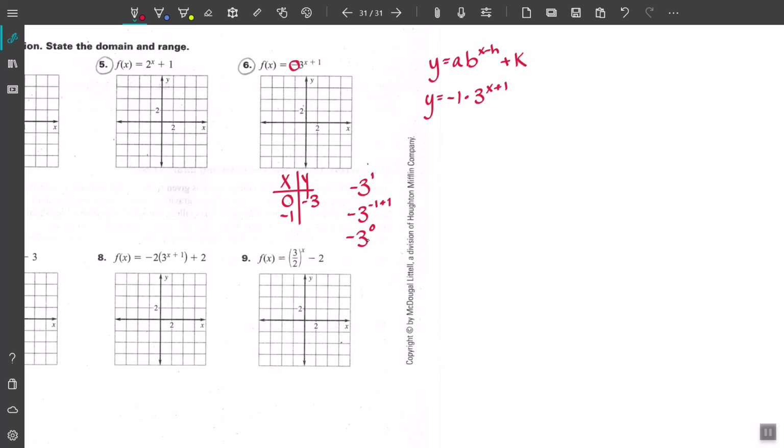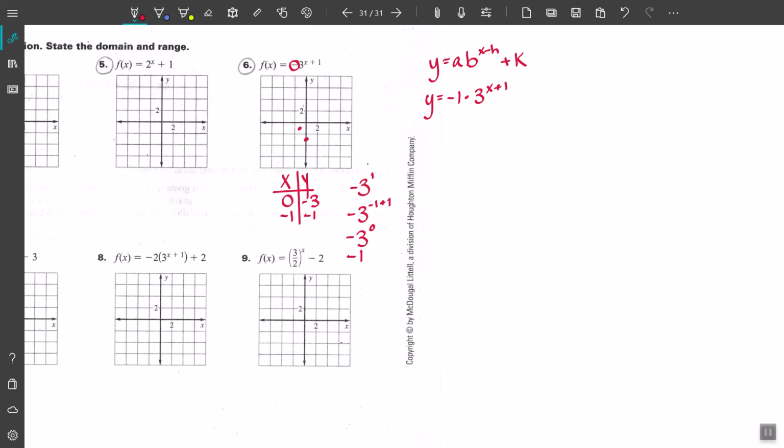So the 3 is going to become 1, but we want the opposite of that. So we end up with a -1 here. 0, -3, -1, -1. And so now you can see that the line is underneath the axes, and it has taken on a little bit of a different curved shape.